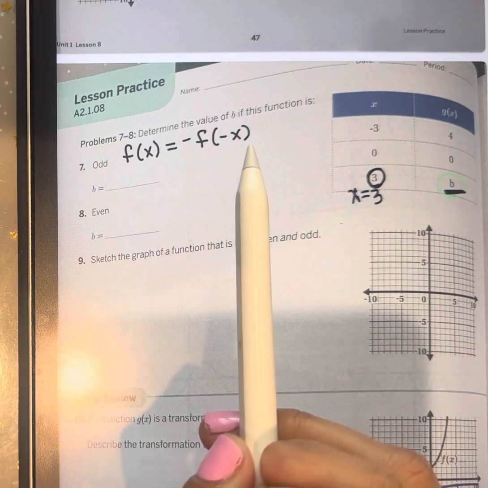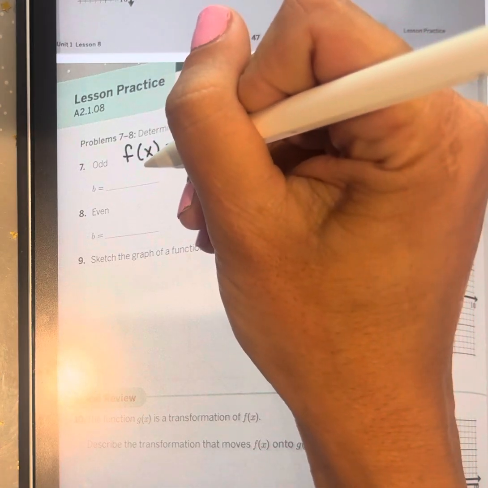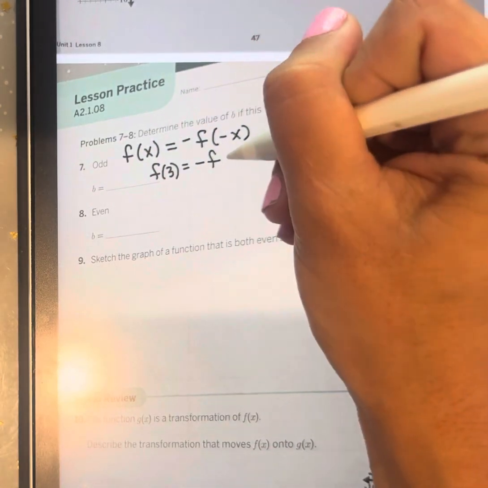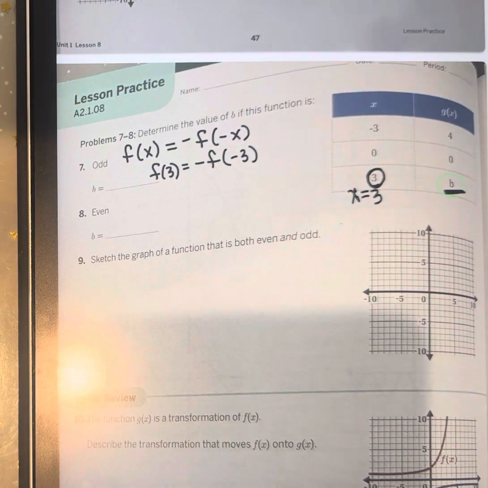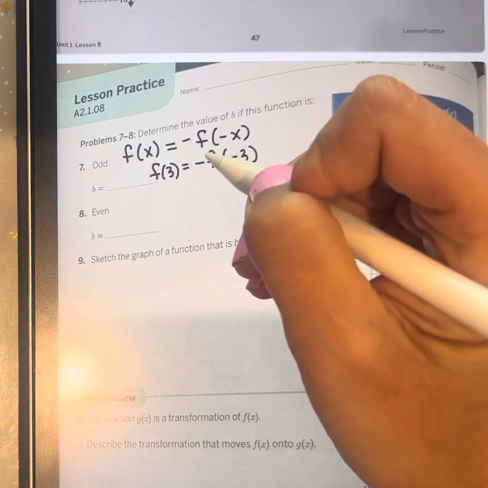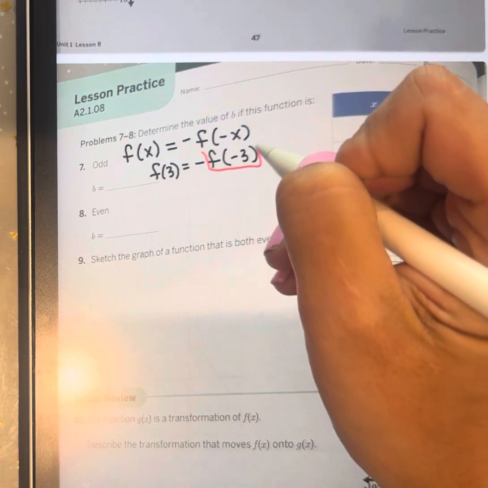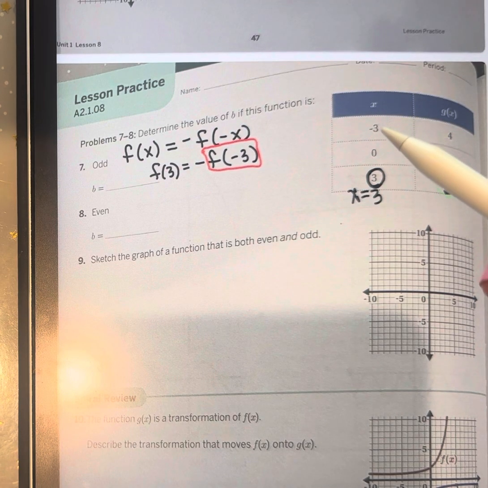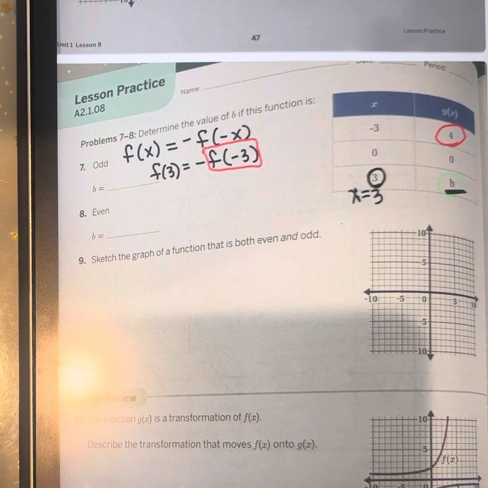I can plug 3 in for x to get that f of 3 equals negative f of negative 3. Okay? And even though it may not look like it, we're almost done. Because f of negative 3 is something I can find from the chart. When x is negative 3, f of negative 3 is 4.